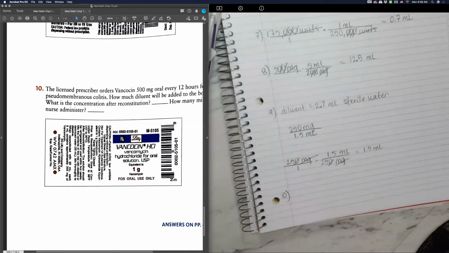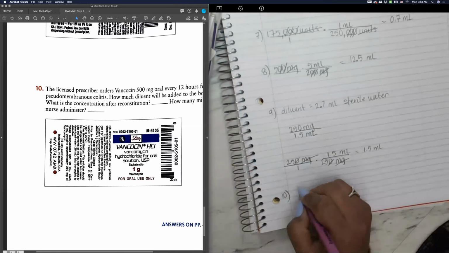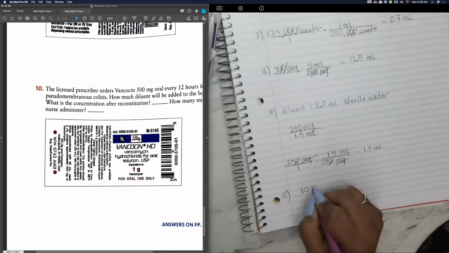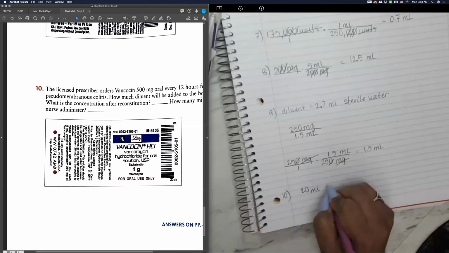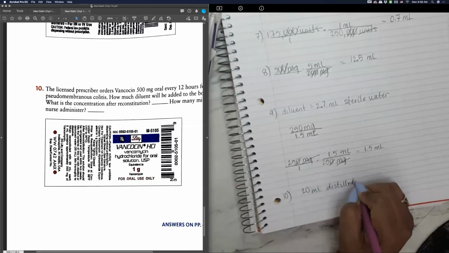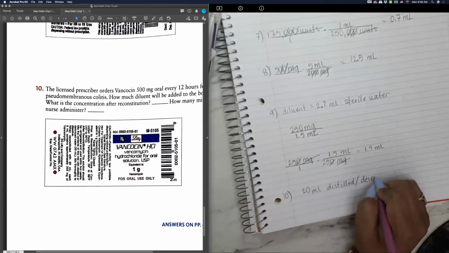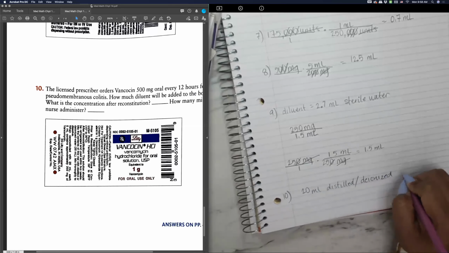Mix the contents of this vial with distilled or deionized water, 20 milliliters. So our diluent that we're adding is 20 milliliters of either distilled or deionized water.